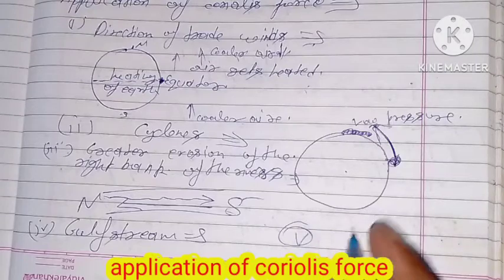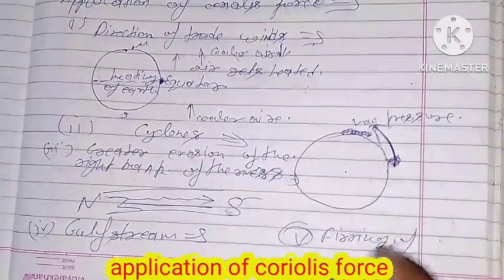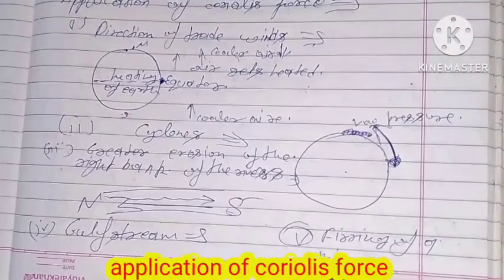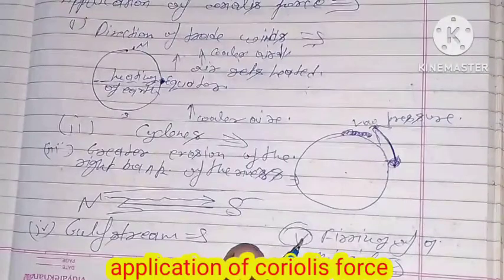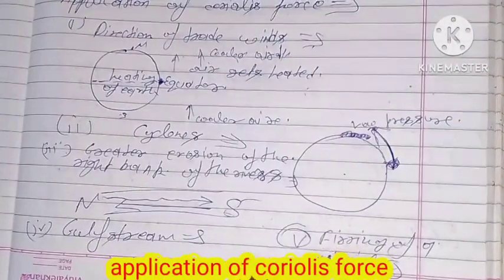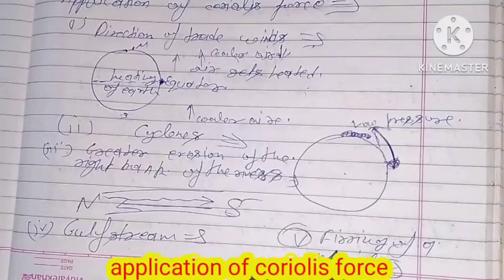And fifth is the firing of a missile. The speed of a missile is very large.